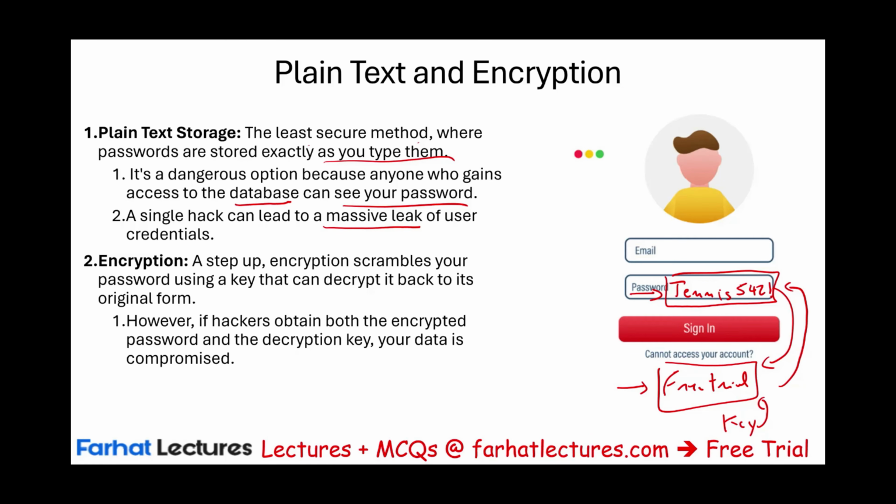So if the hacker obtained both the encrypted password and the decryption key, then they can see your actual password. Again, what does that mean? It means there's a risk of your password being exposed.